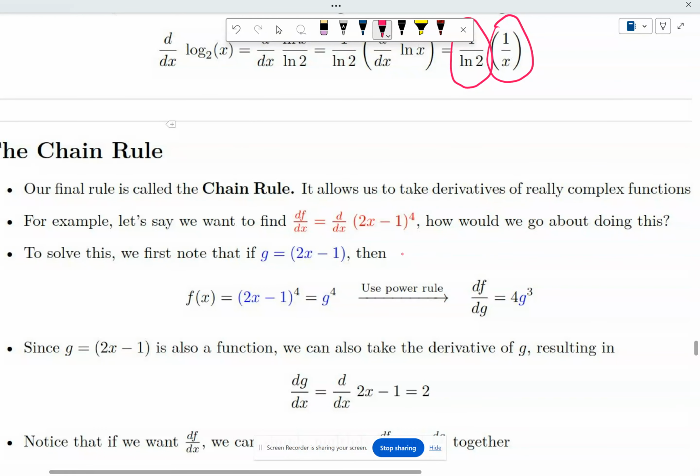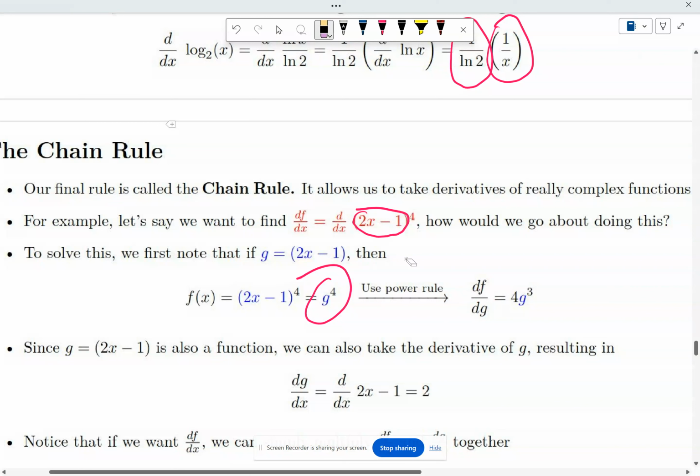All right. And notice over here, we can simply pack that together into a separate function. And I'm going to call this function g, right? So that's g. So what that means is, if this is g, then f of x is equal to g to the fourth. Once we have it simplified in this form, it's quite easy to find the derivative with respect to g, not with respect to x.